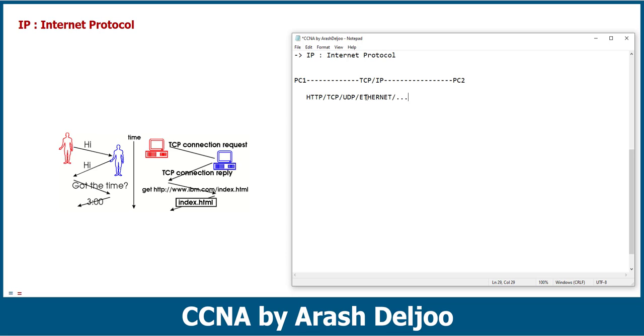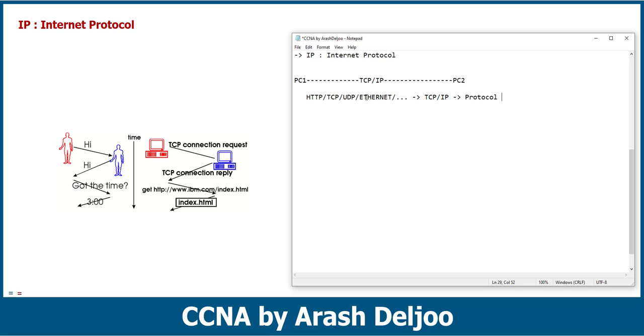You will learn about all of them in this course, and also in the other network courses, CCNA, CCNP, CCIE. All of these protocols together are called the TCP/IP. TCP/IP is the protocol stack.